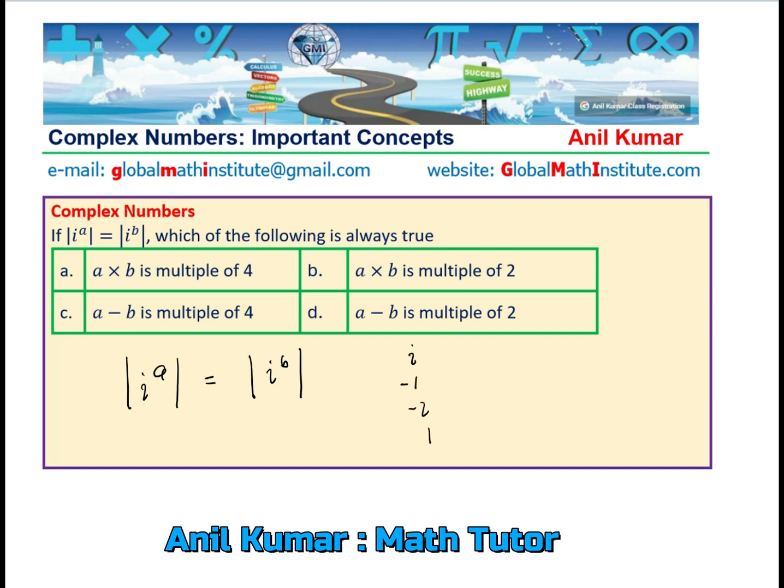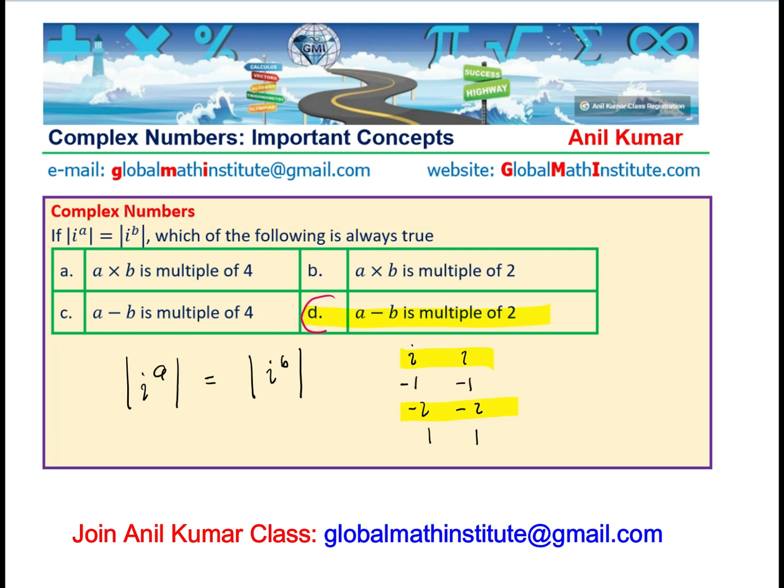Then again, it is i, minus 1, minus i and plus 1. So in that case, you see the even numbers' absolute value will be 1, correct? Absolute means positive. And therefore, for this, the correct option is option D. Does that make sense to you?